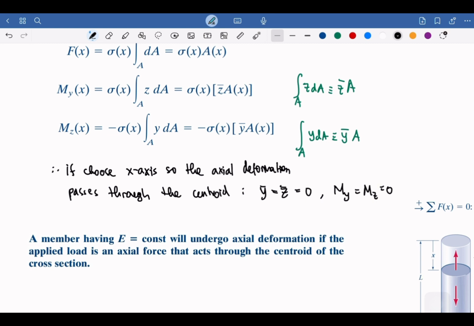And this will be a very important assumption, because in the next cases, most of the problems will be of this kind. So we simplify and assume that it passes through the centroid. So we only care about the deformation on the centroid, on the center. The axis will be assumed on the centroid, so that we could only focus on the displacement.